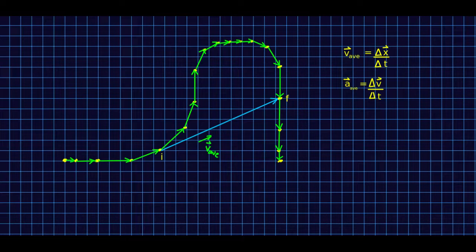And I'm just going to get you to recognize that this is actually sort of the same as something you know. You know that for just a bunch of numbers, to get an average, you would add up all the numbers and divide by the number of numbers you have. Now look at what's going on here. If you add up all of these velocity vectors, well, they're all head to tail.